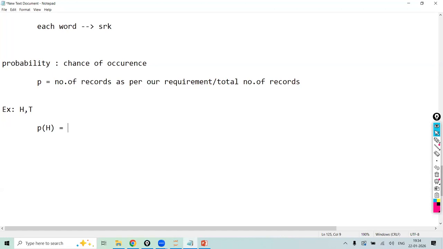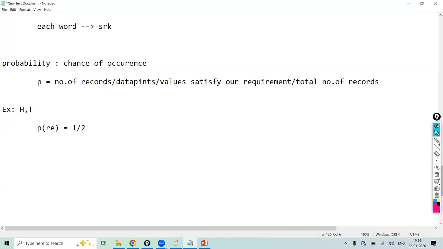It is the number of records, data points or values that satisfy our requirement, divided by the total number of values. Here the total number of values is only two. Out of which, how many is our requirement? Our requirement is whatever we write in the bracket.